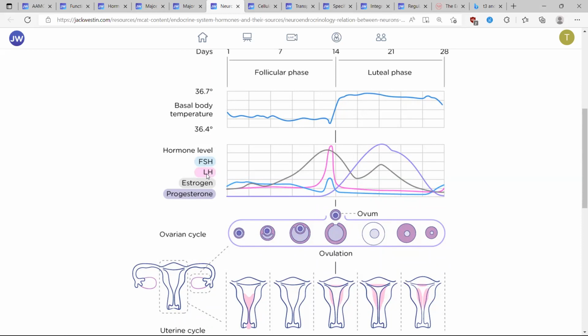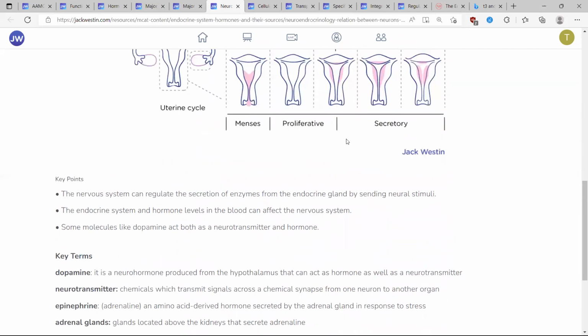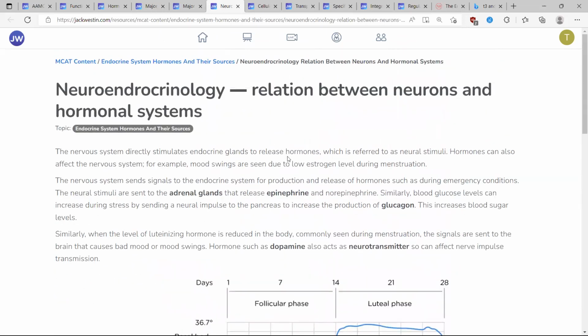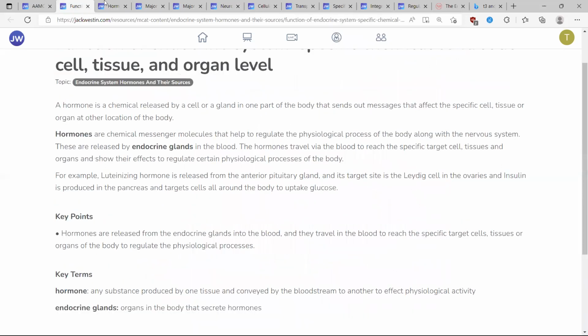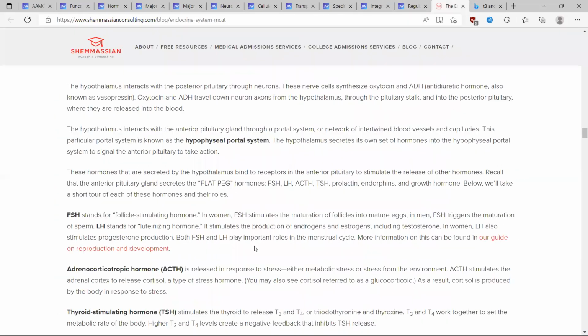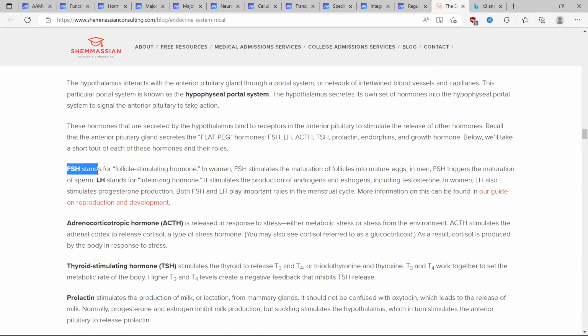Then we have the LH spike. The LH spike is timed with ovulation. The LH spike is what's causing the ovulation. So you can see that the hormones have a big impact on what's happening in the whole situation. Each of these hormones is going to influence systems throughout the whole body, right?